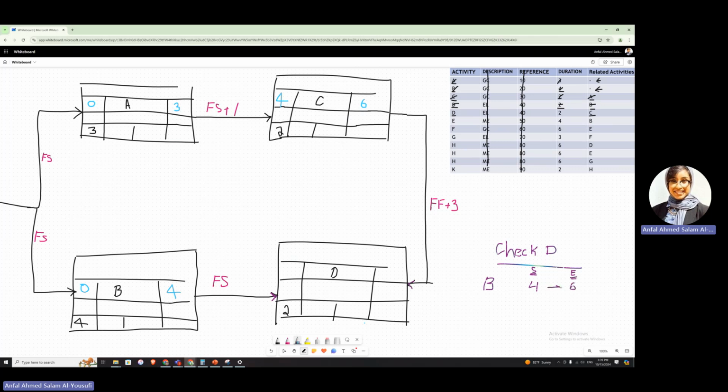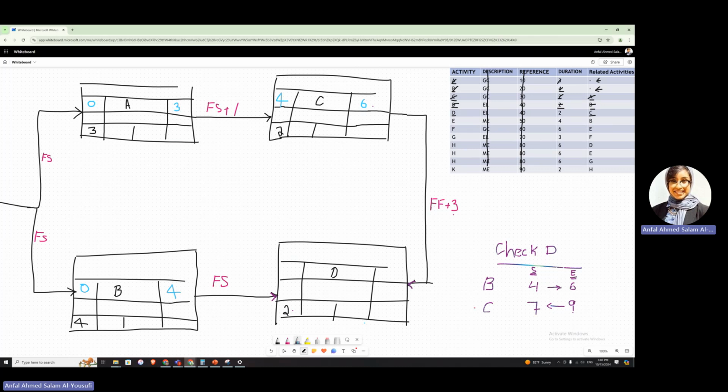We're going from start to end. If it is coming from C, then my finishing point would be 6 plus 3, that is 9. Then I would need to go back: 9 minus the duration, which in this case would be 7.